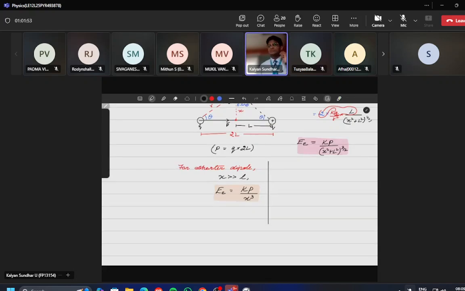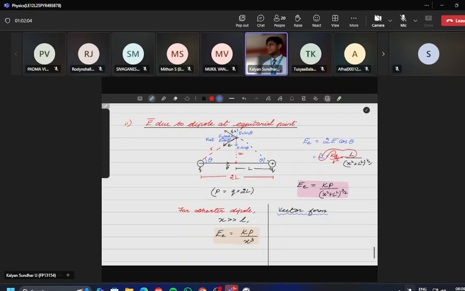What did we see next? Your vector form. Now tell me, sir, electric field and dipole moment, in which direction? Electric field is where? From negative to positive. Is your E net value in the same direction or the opposite direction?